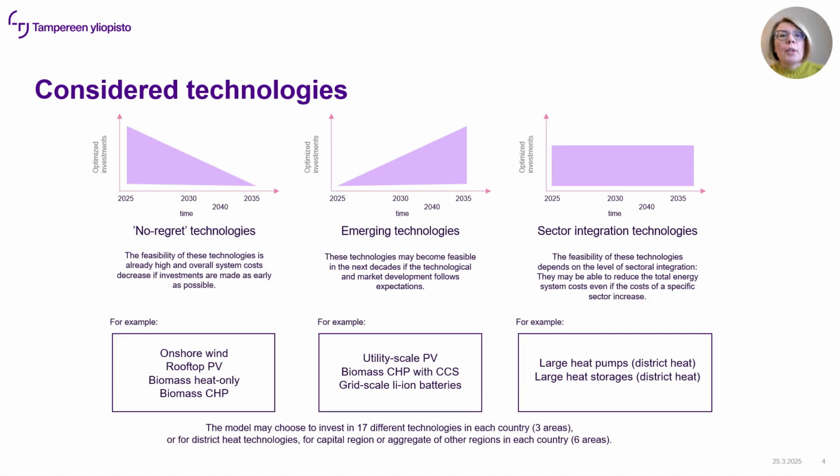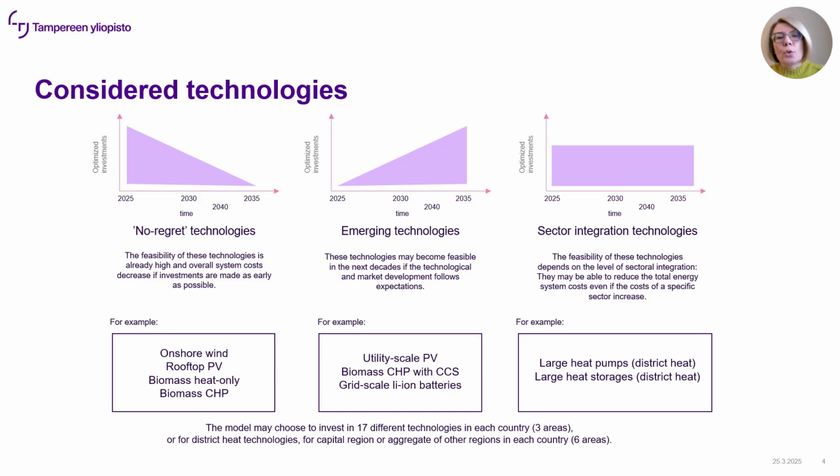Technologies were grouped into 3 categories based on optimized investments. The first group is non-regret technologies, highly feasible investments that reduce system cost when implemented early. For example, onshore wind, rooftop PVs, biomass heat-only boilers, and biomass CHPs. The second group is emerging technologies, feasible in the coming decade if trends continue.